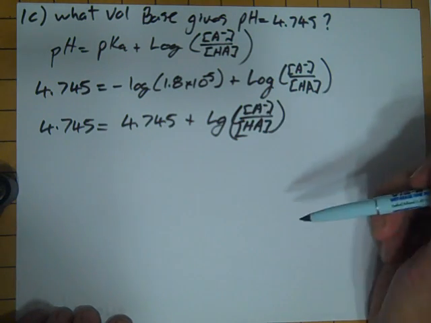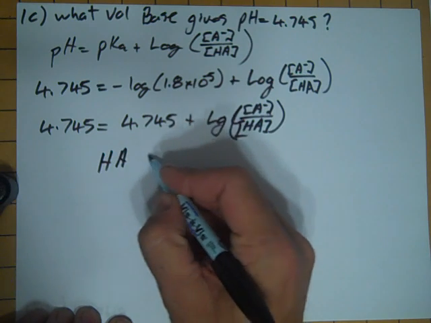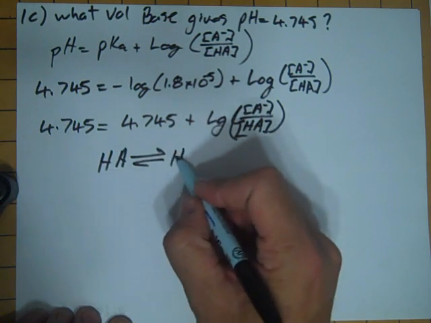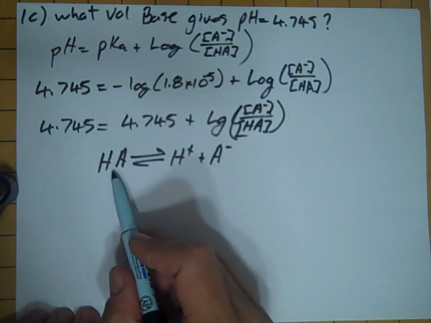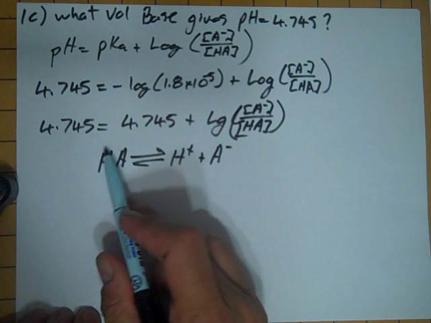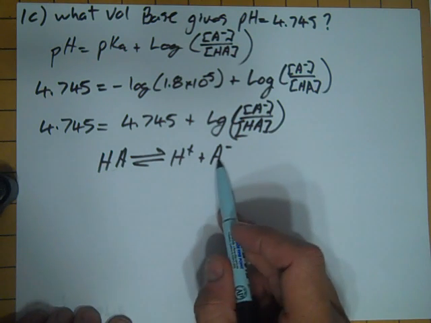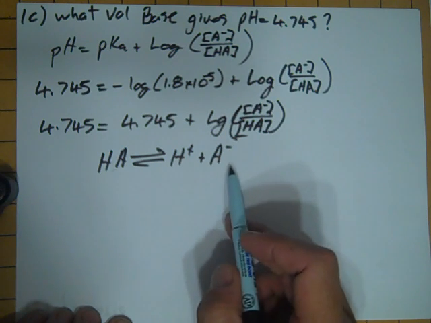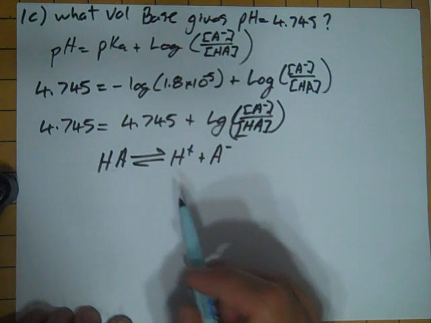These are the same. Just to remind you, that's true because of the way this behaves, HA splitting up into H plus and A minus: when 1/2 of this has been reacted away, it has produced the same amount of A minus. All of these H pluses are being neutralized, so they're turning into waters.